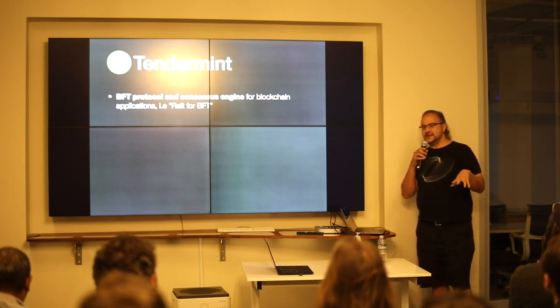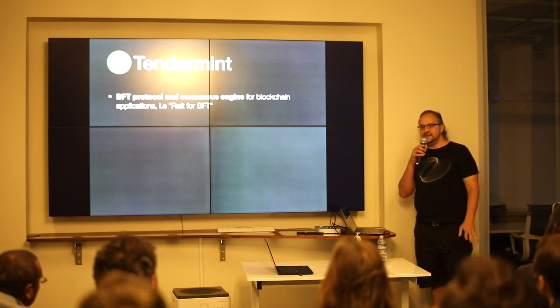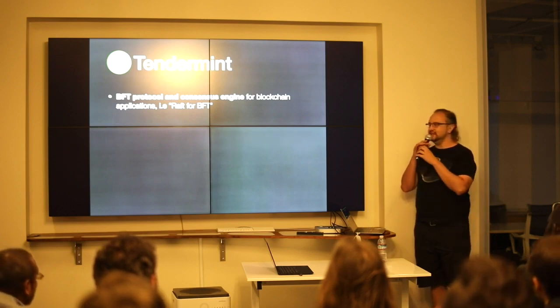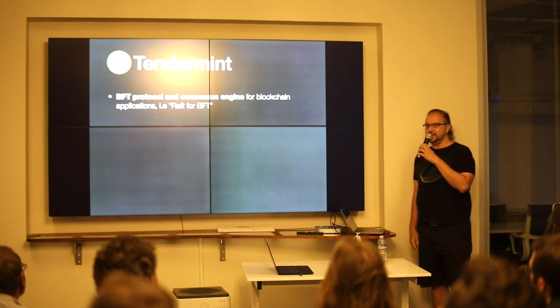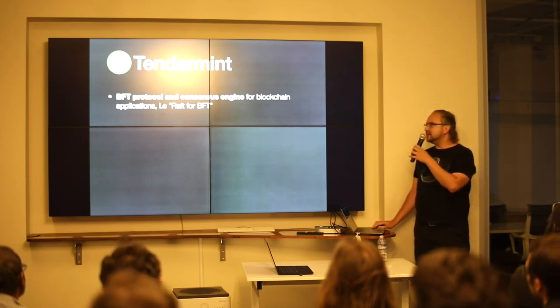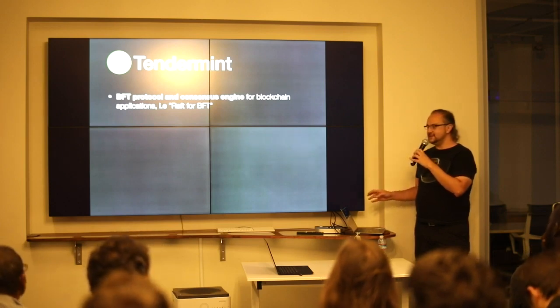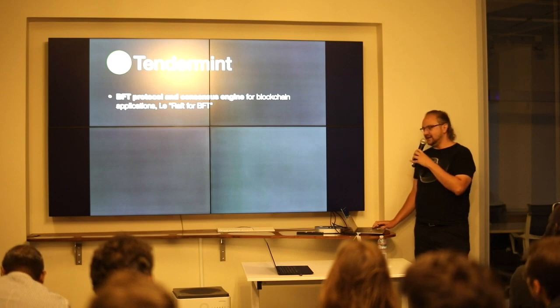So Tendermint is the same idea, but instead of starting with Paxos, it started with PBFT, practical Byzantine fault tolerance, and it applies a similar simplification. Tendermint also describes an implementation of this algorithm in Go.